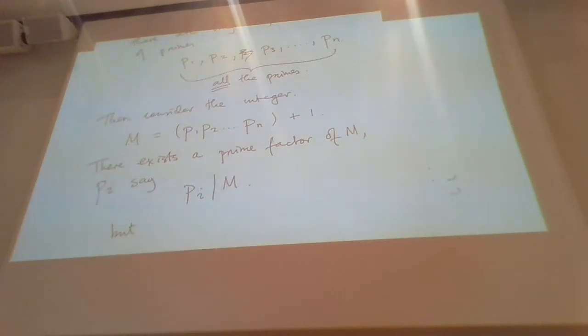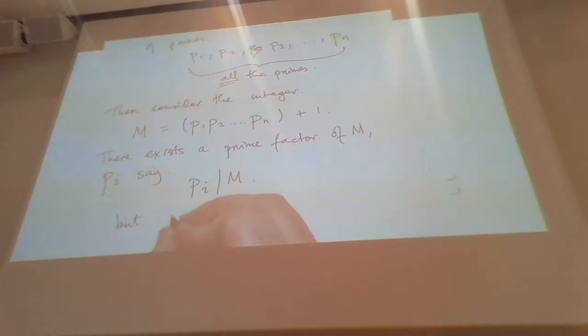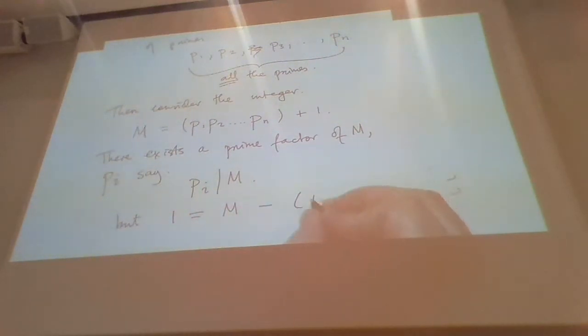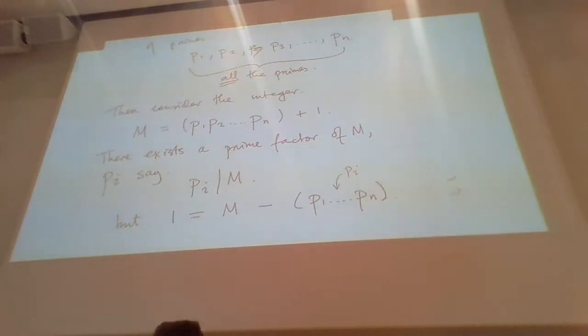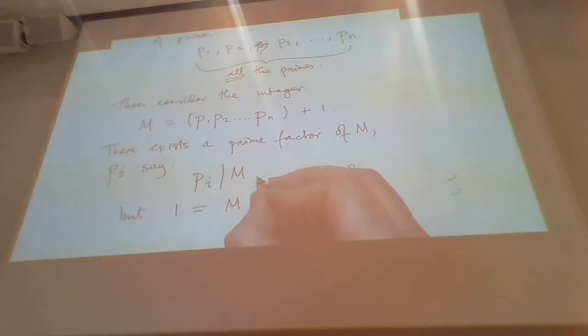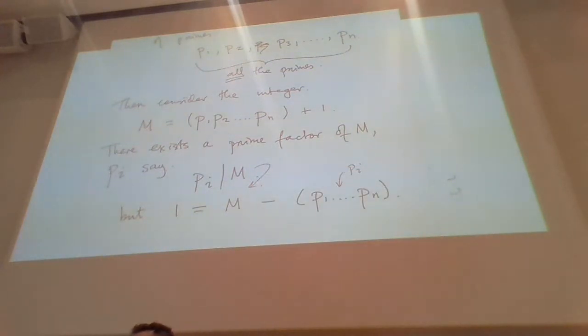But we can write 1 as a linear combination of M and the product of all the primes. Somewhere in there is the prime number p_i, and we've just proved that p_i divides M. Theorem 2.1.3 should be ingrained in your mind at this point.